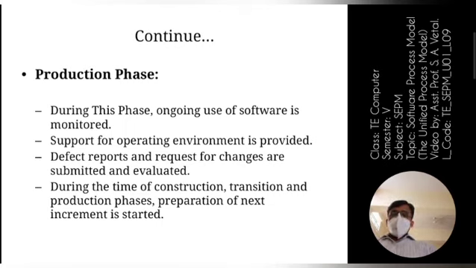During the construction, transition and production phases, preparation of the next increment is started. So this is the last phase of our unified process model. These are the 5 different phases in the unified process model.